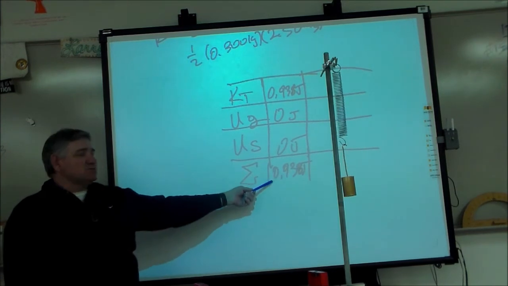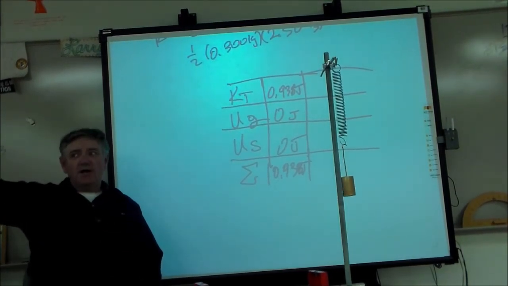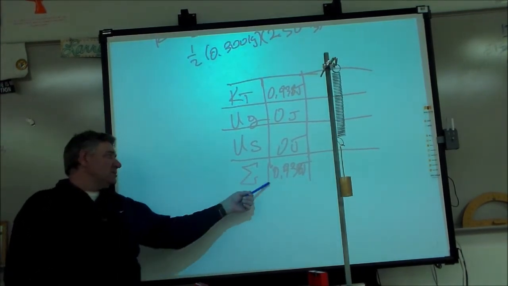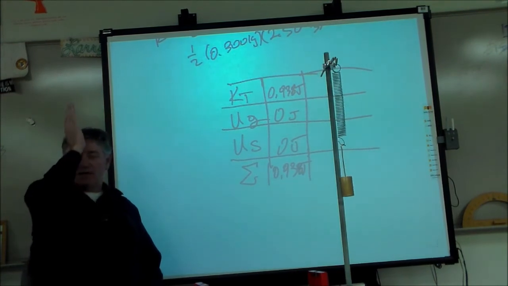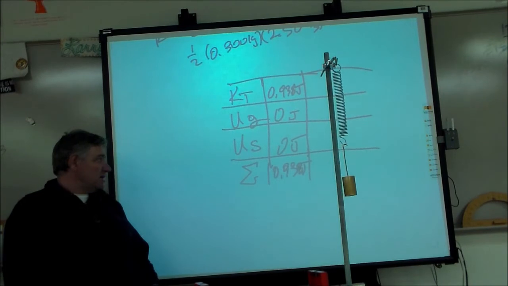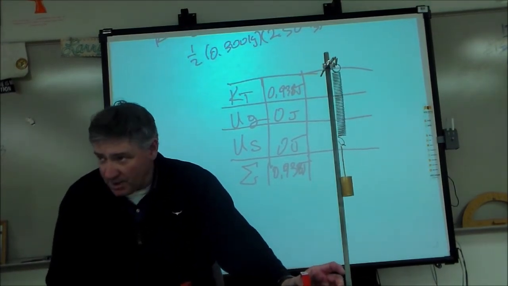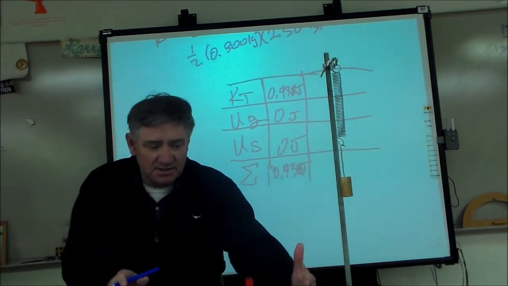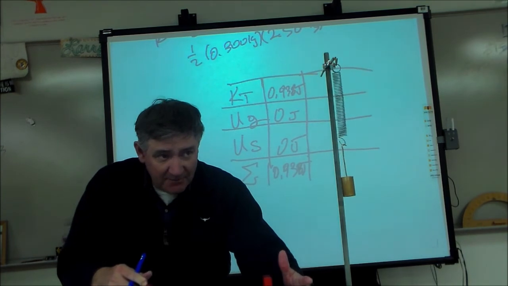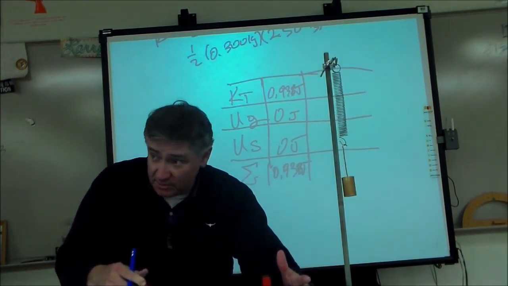If this number is wrong, everything you do from there on out is going to be wrong. But here's the beauty of this chart: now I know what I've got. Now, if you reverse this and start with that spring being fully compressed, what's the only type of energy that you would have?